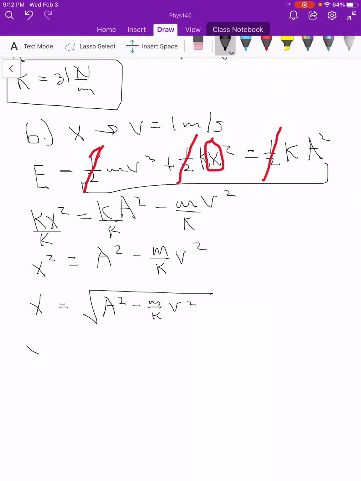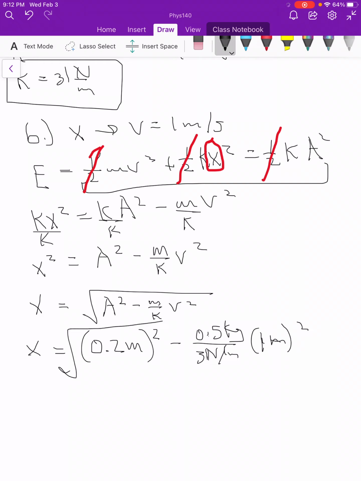And when we plug those numbers in, we're going to have x is equal to the square root of a, which is 0.2 meters, squared for 20 centimeters, minus mass, which is 0.5 kilograms, divided by k, which is 31 Newtons per meter, and then v squared is just 1 meter per second squared. And that's all. I'll take the square root.